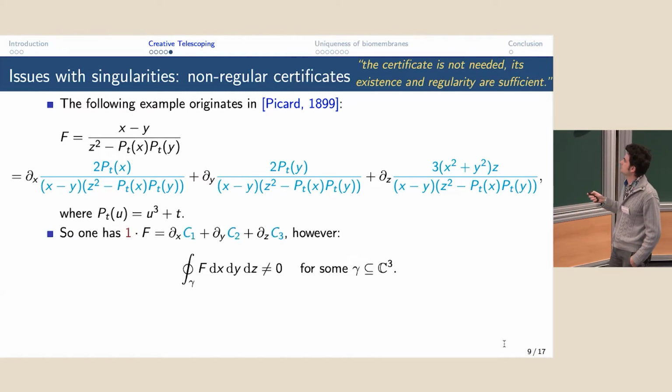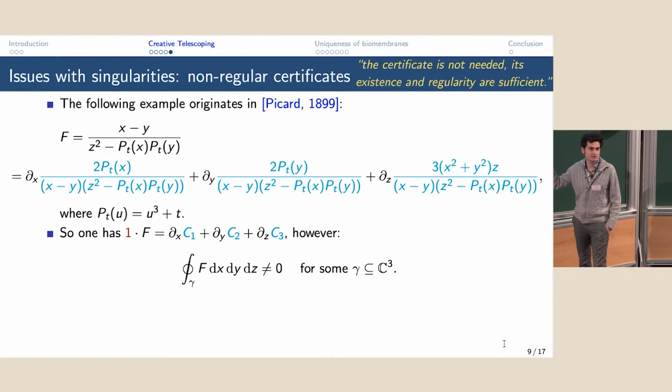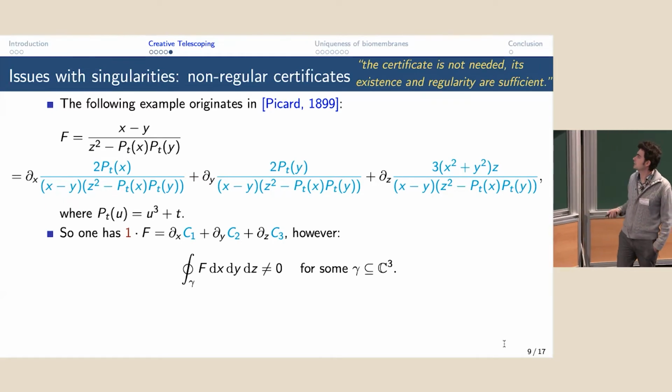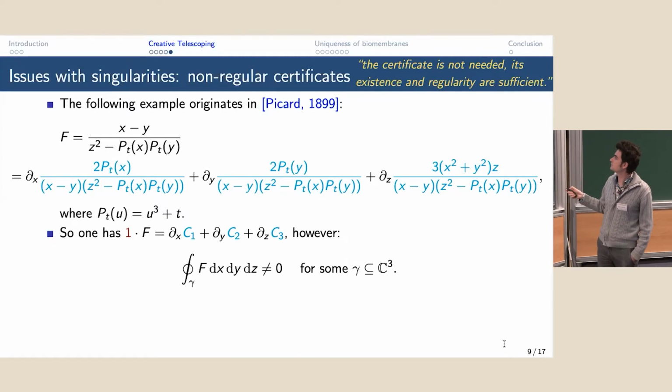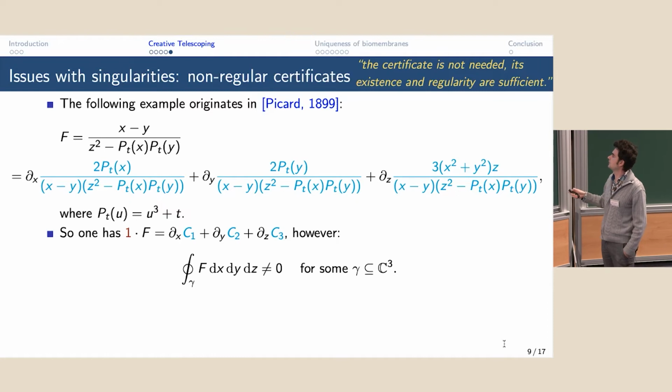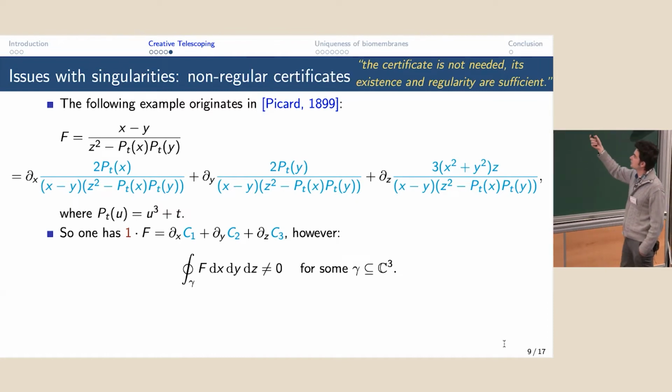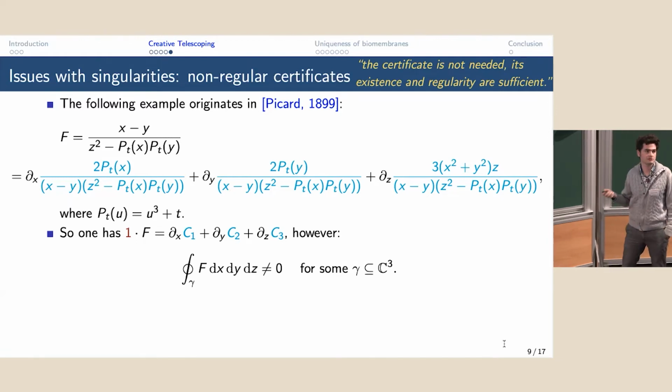So the operator 1 times f already is the sum of three derivatives. We would expect that this integral is 0, but it's not, not for all cycles. This comes from the fact that we actually introduce new singularities here. If you have some cycle which lives in this vanishing set, this decomposition is not useful.